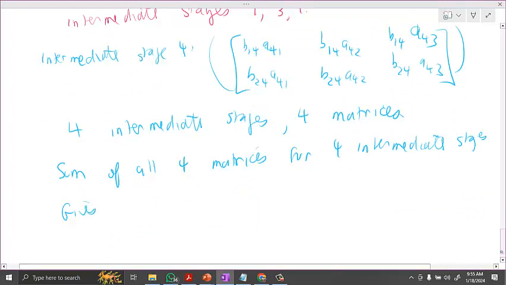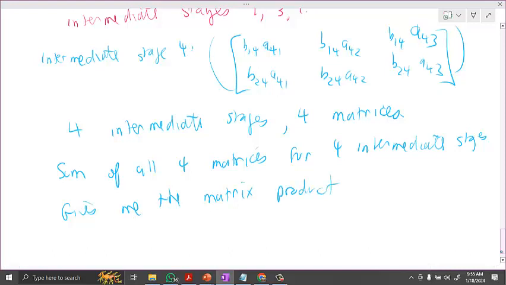Gives me the matrix product. And in this case, actually, it's B times A because my B is on the left and my A is on the right.